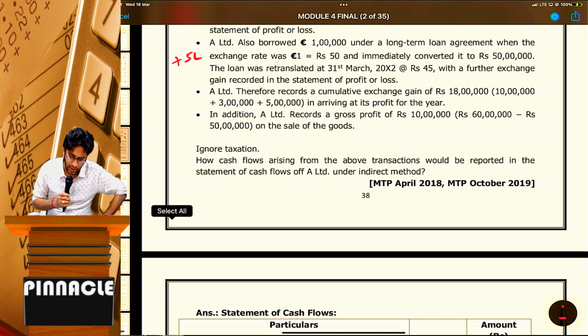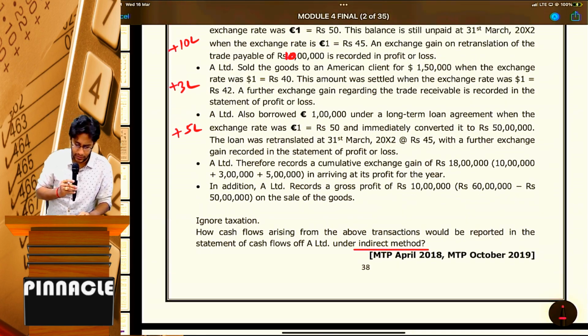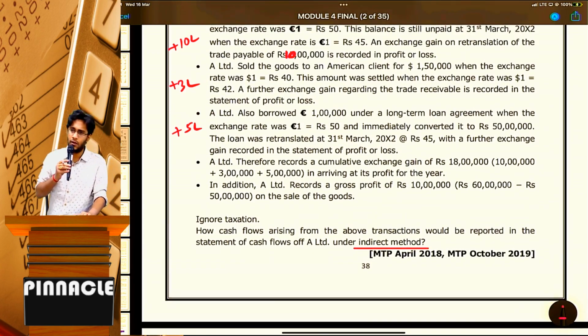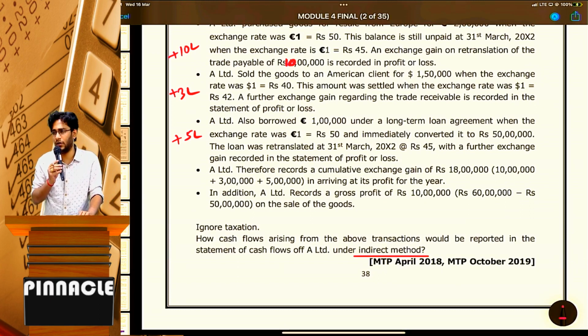How would cash flows from the above transactions be reported in the statement of cash flows under the indirect method? Okay, don't read the answer. Think. If you have to apply the indirect method, what is your starting point? Profit, not gross profit, net profit, and that too profit before tax. This fellow did not give any tax, so just take the net profit.